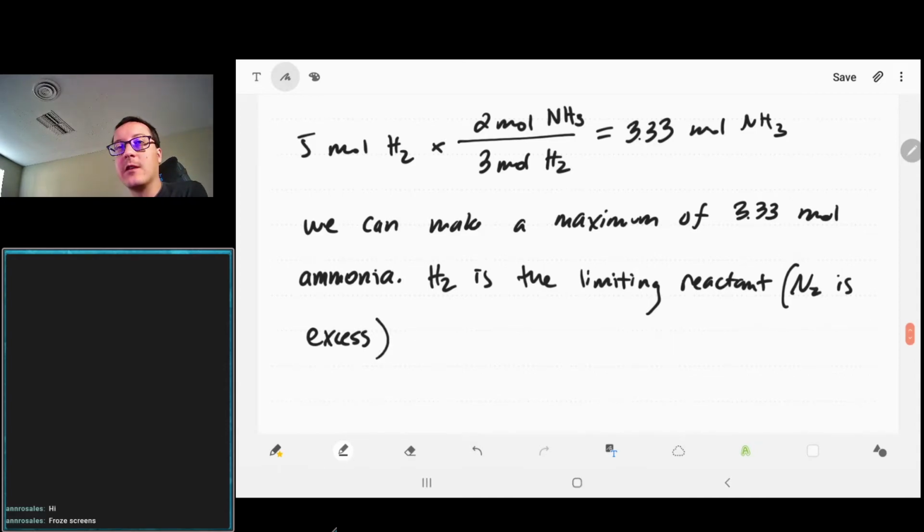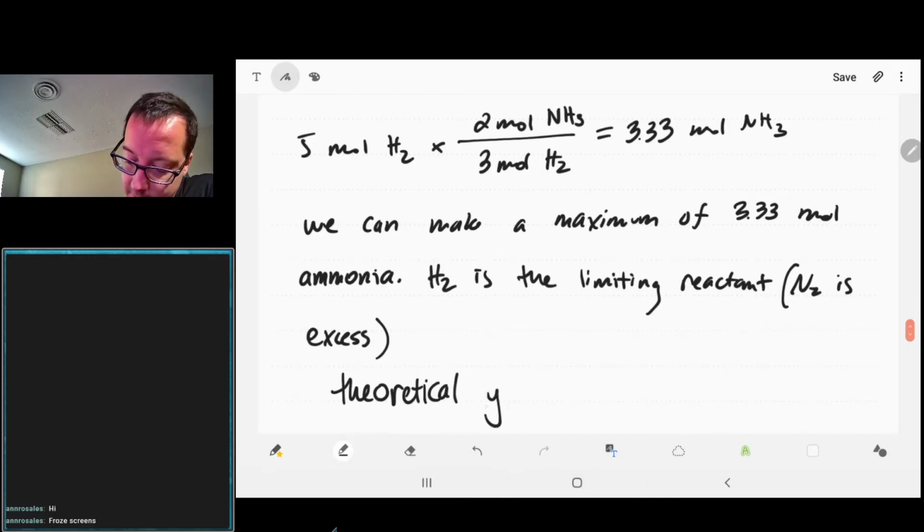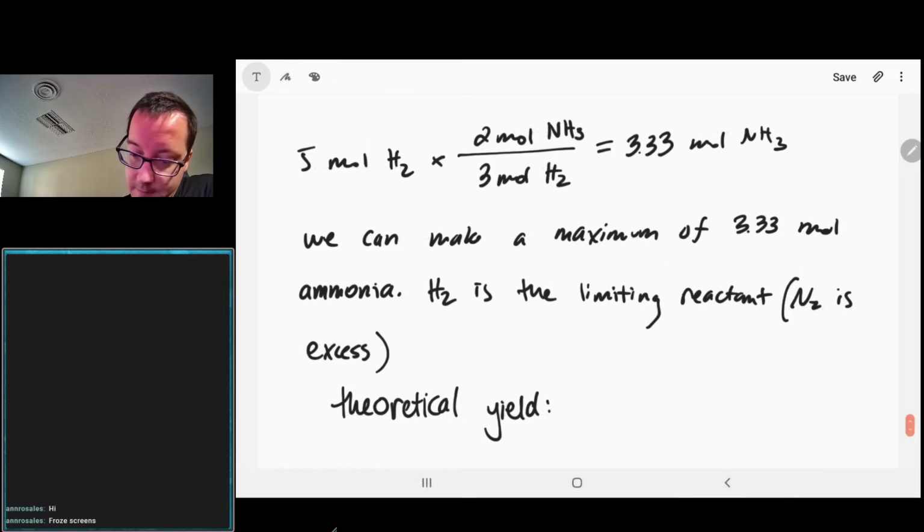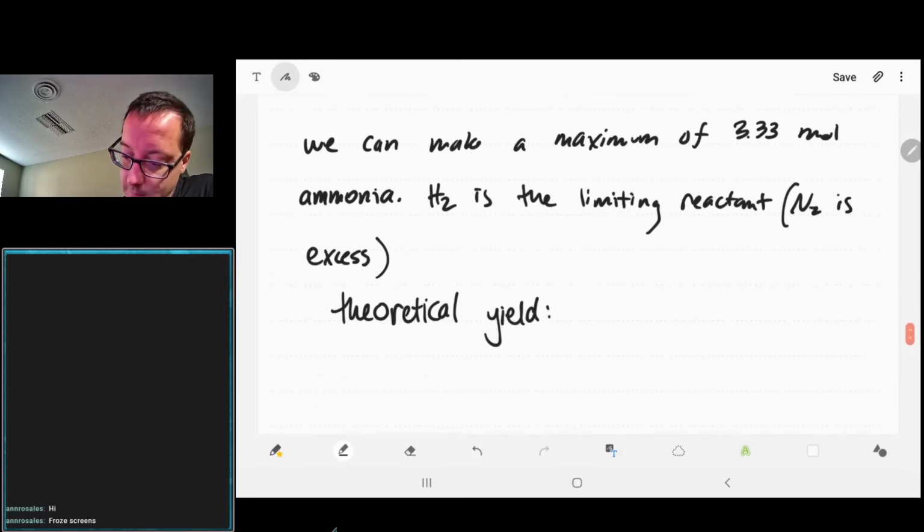So sometimes I'll ask, what's the limiting reactant? What's the excess reactant? What is your theoretical yield? So that's another way of saying this. So theoretical yield, which is again the maximum amount you could make, will be 3.33 moles of ammonia.